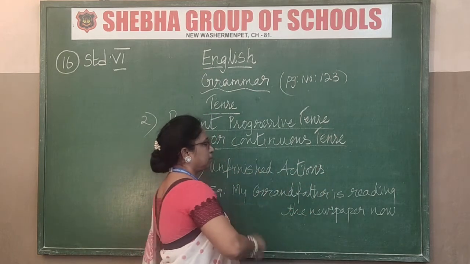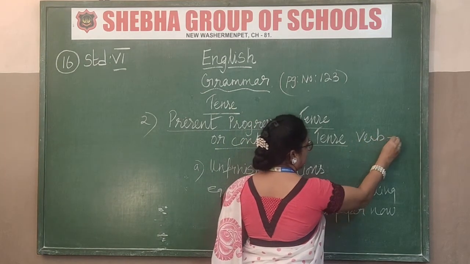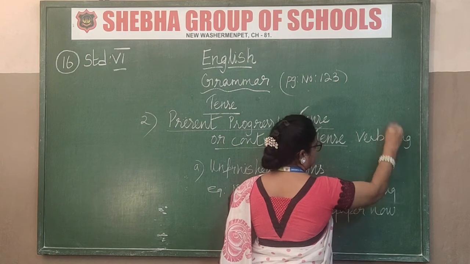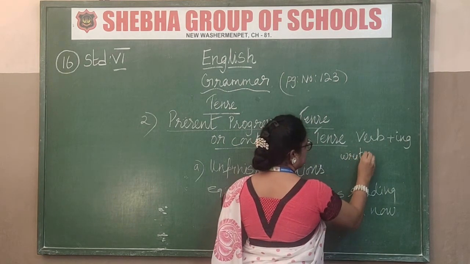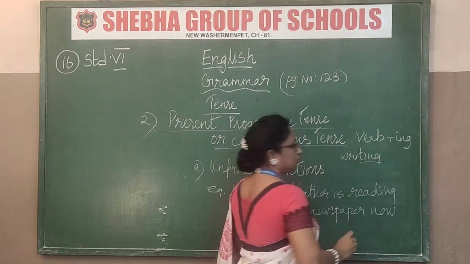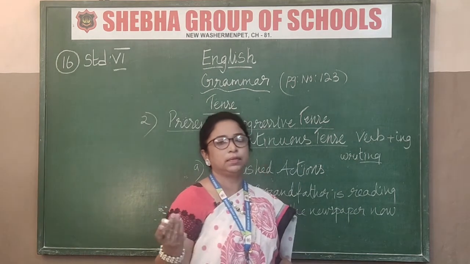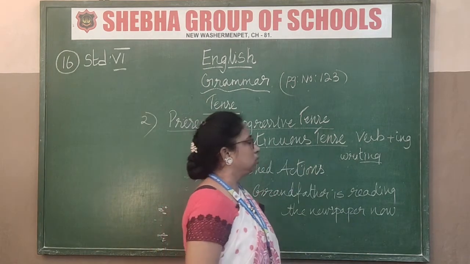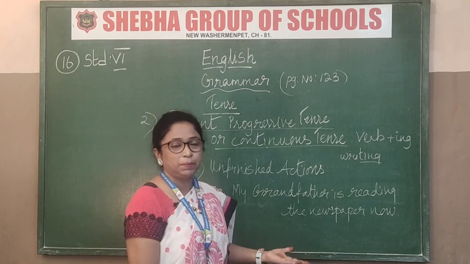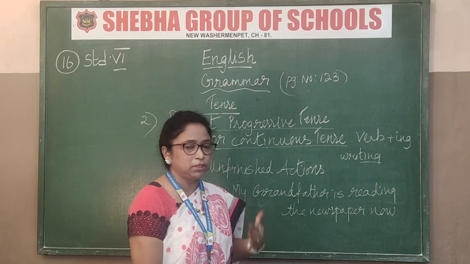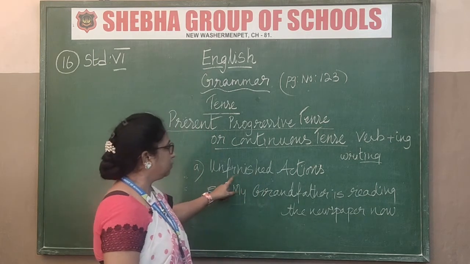See the verb. You must see the verb first. The verb will have ing attached to it, like eating, writing, reading, these kinds of words. Just as I told you for simple present tense, facts, permanent situation and so on, here there is one too: unfinished actions.